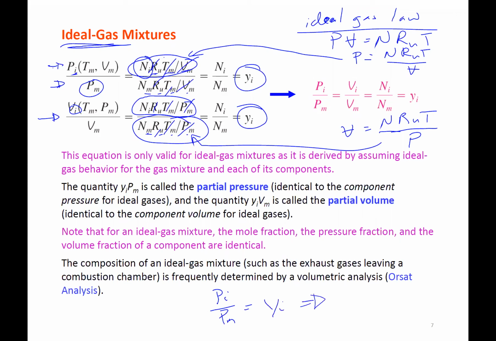So if we rearrange that, we can get the partial pressure of some component by its mole fraction times the mixture pressure. Okay, that'll become useful in the next chapter and the chapter after. If we think about, let's say, chapter 15, let's think about if we calculated the mole fraction of water vapor leaving the tailpipe of your car, right?